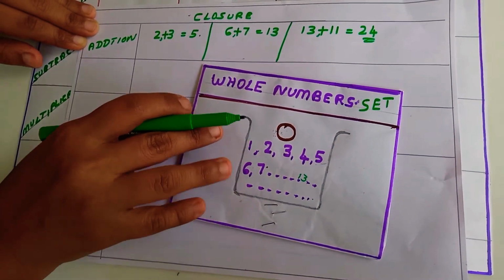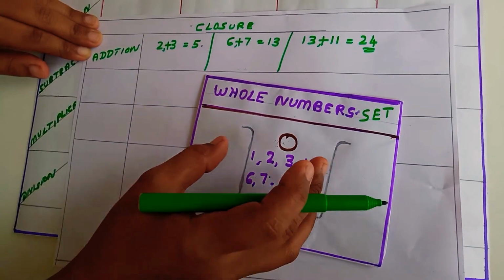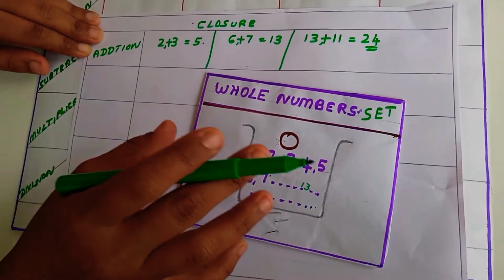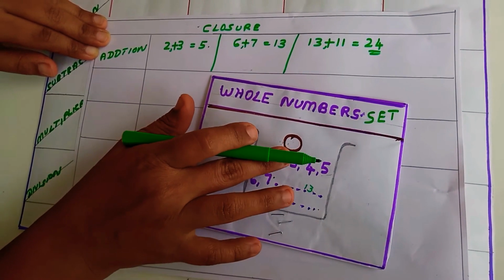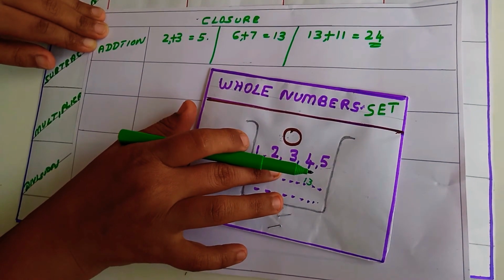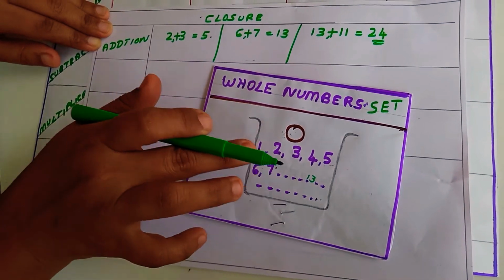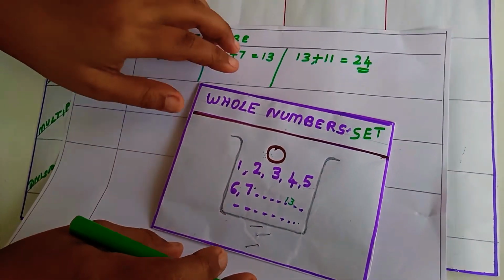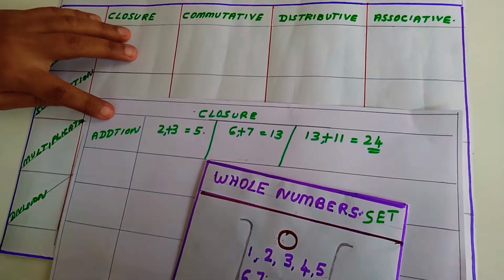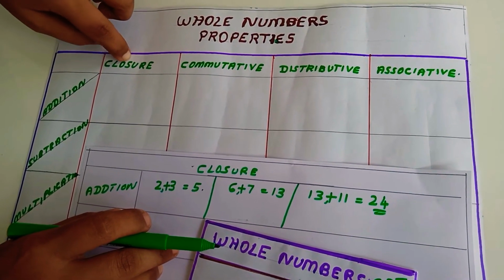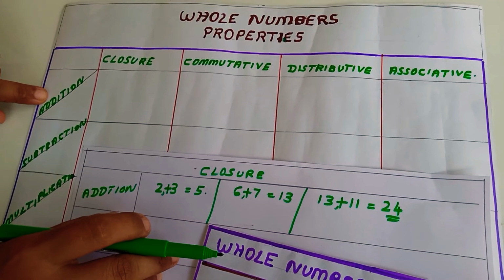So definitely, if you pick any numbers from the set and add them, the answer will be in the same basket. That means the answer will be in the same set, the whole number set. So our conclusion is whole numbers satisfy closure property under addition.